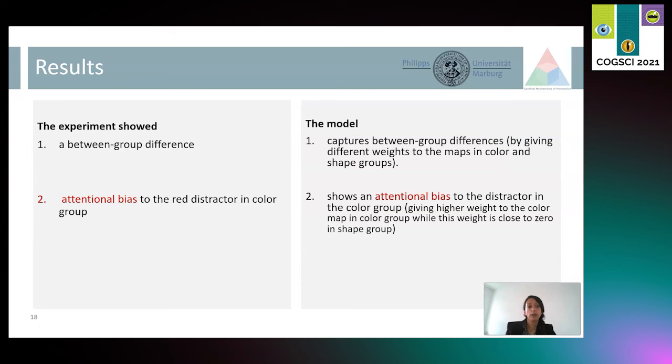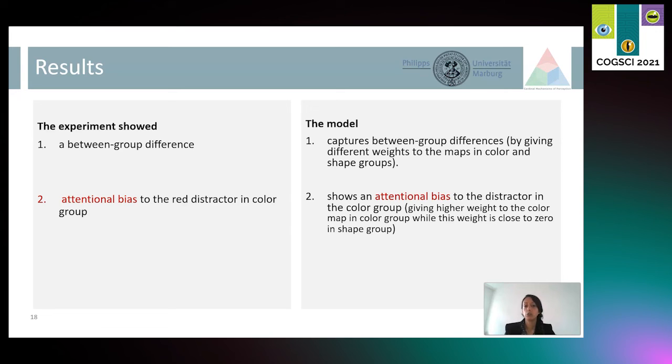If I want to compare the results of the experiment with the model, the experiment showed a between group difference. The model also captures between group differences by giving different weights to the maps in color and shape group. The experiment showed attentional bias to the red distractor in the color group.